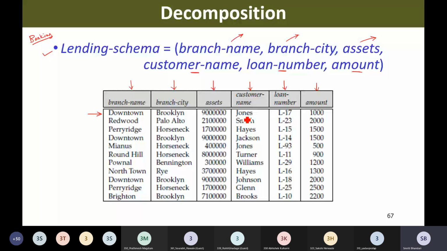Right? So every tuple contains information about the branch of the bank, the customer and the loan borrowed by that customer.